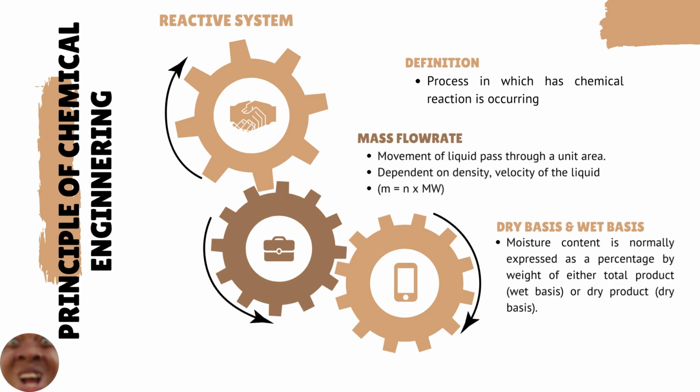For the mass flow rate, it is the movement of liquid passing through a unit area, dependent on density and velocity of the liquid, and the formula is M equals N times MW. For dry basis and wet basis, moisture content is normally expressed as a percentage by weight of either total product, which is wet basis, or dry product, dry basis.